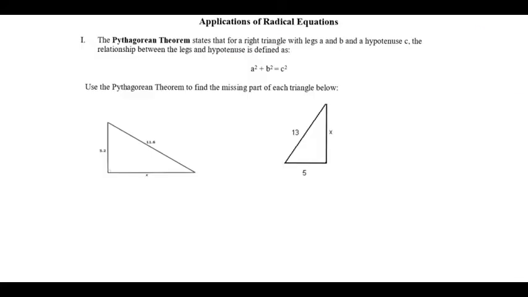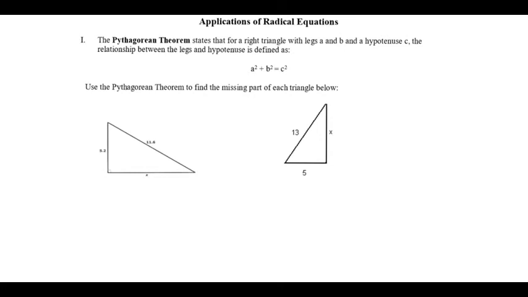So our last section that we're going to look at with radicals is the application of radical equations. And the first thing we're going to look at is our Pythagorean Theorem. And we use this for right triangles. And it states that if you have legs A and B and hypotenuse C, the relationship between the legs and the hypotenuse is defined as a squared plus b squared equals c squared.